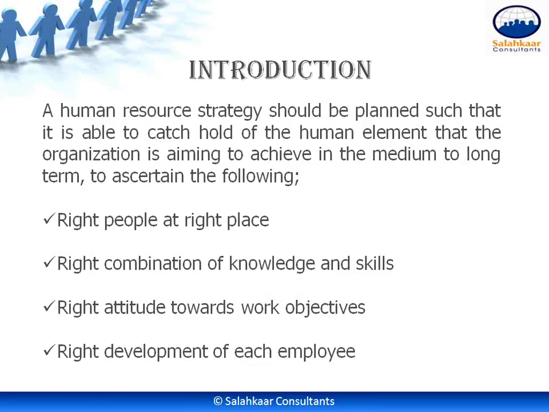Here it talks about talented individuals with the right skill set, knowledge, and attitude, which is also called competency. And right place talks about the right kind of business environment, the right kind of job that a particular person can implement and do so as to make the job enriched. So it's always a lookout.